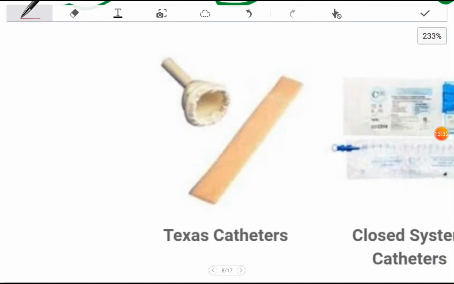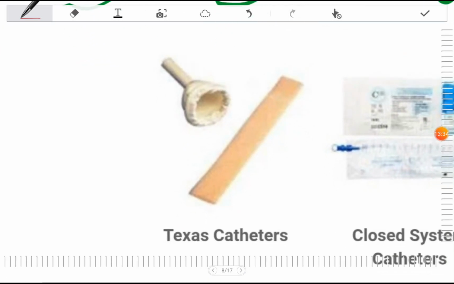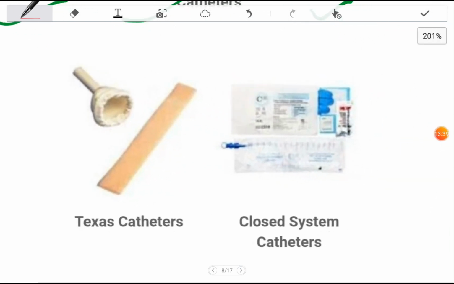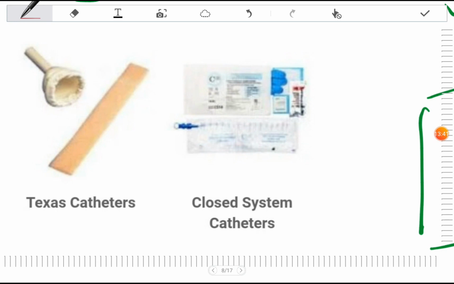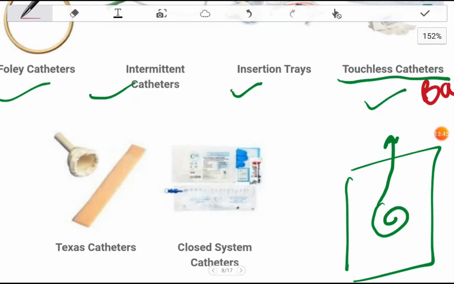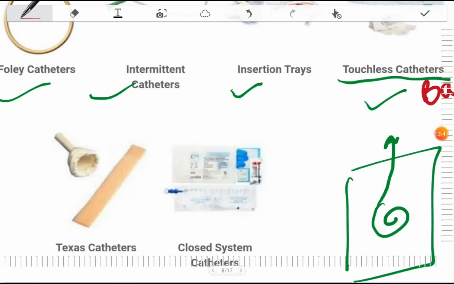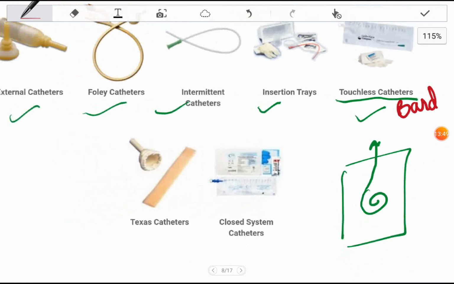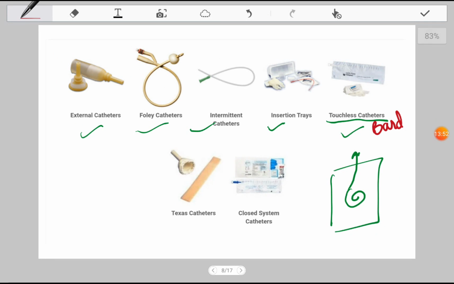In that case these Texas catheters are used, and they also have a decreased risk for infection. Then closed system catheters, these are the same as these touchless catheters, and self insertion is also possible in these ones.